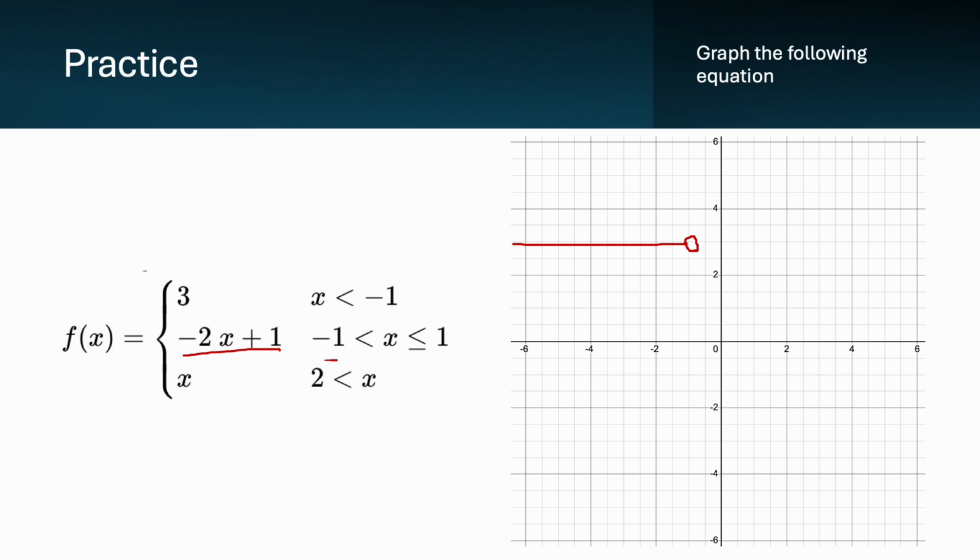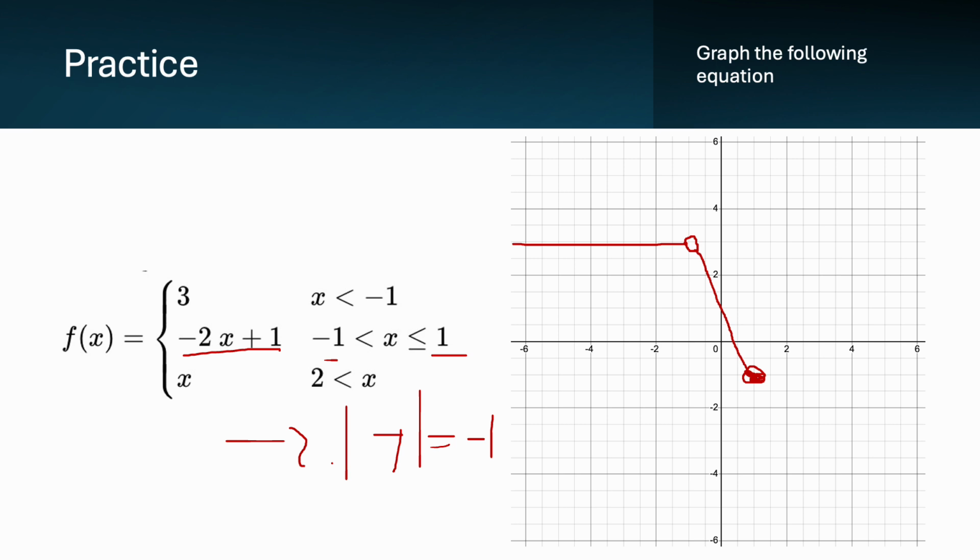So we're going to stay here. And then the final part of that is going to be 1: -2 times 1 plus 1 is going to be equal to -1. So that's going to be right about here, and that is included. That is filled in. And so we're going to draw a line from these 2 points to connect them.